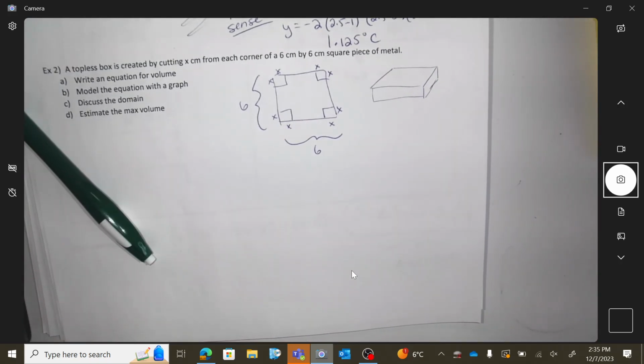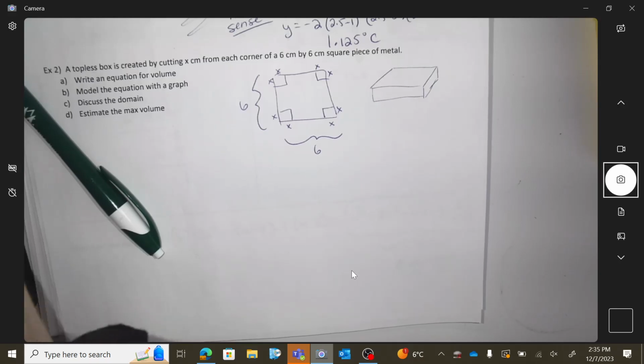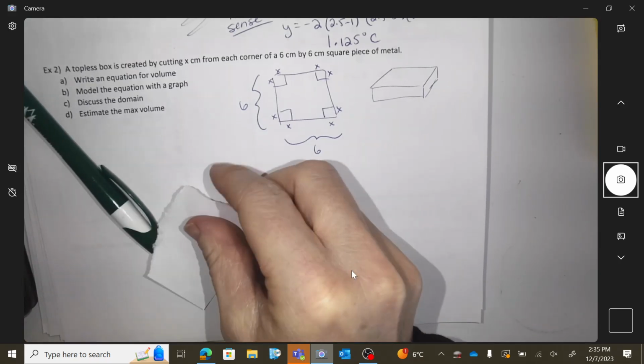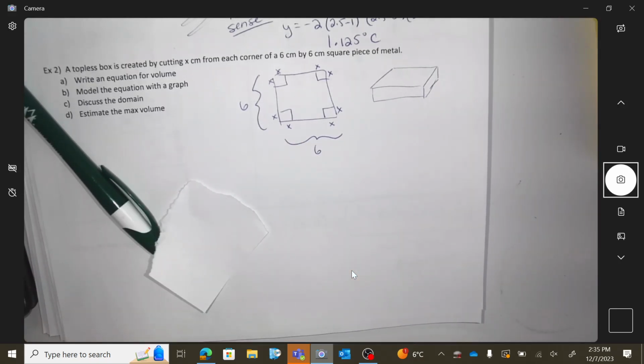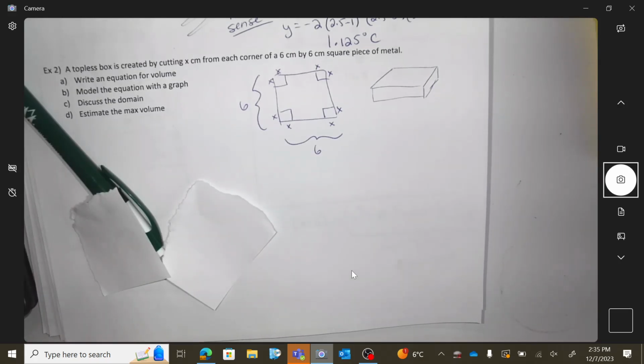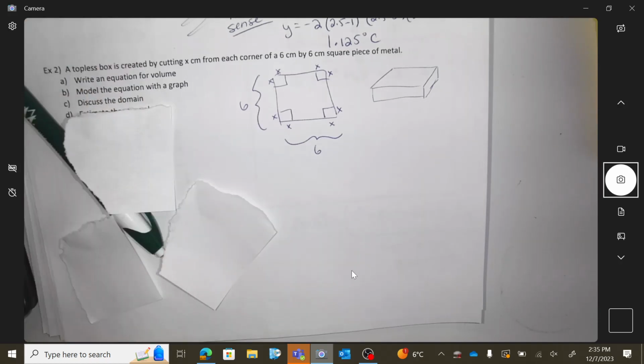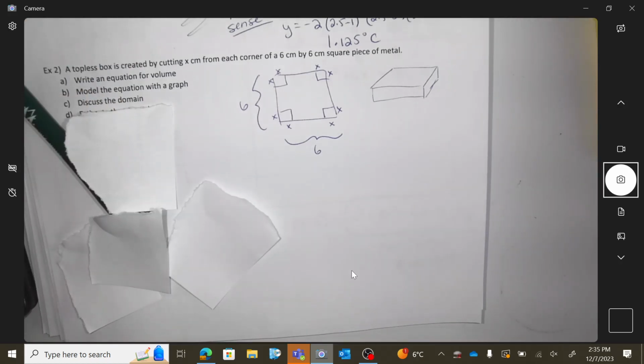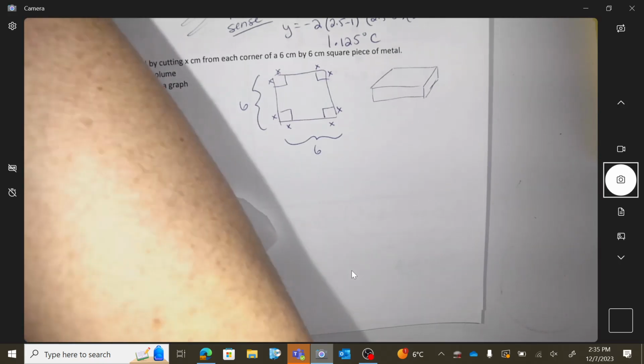Okay, you need to be a visualizer here. So if I started with a piece of paper and I'm cutting the same corner out of each. Maybe you've done this. Have you ever made one of those little boats and then floated it in the water? So if I cut corners out of a paper, what do I do?